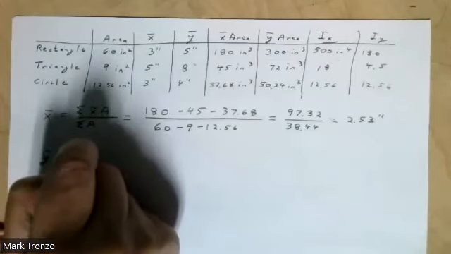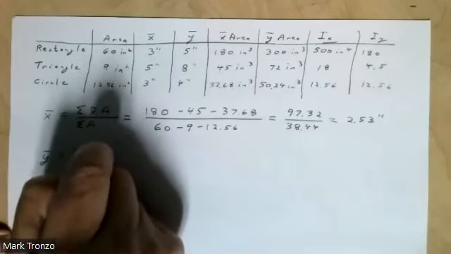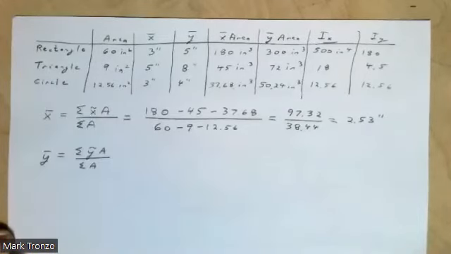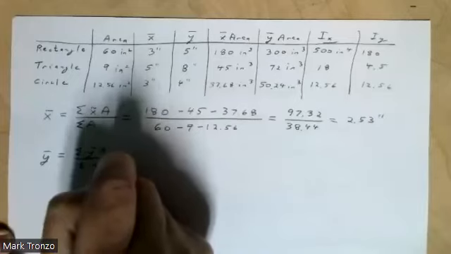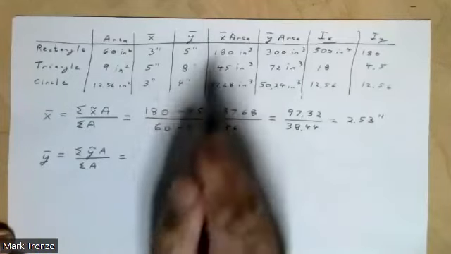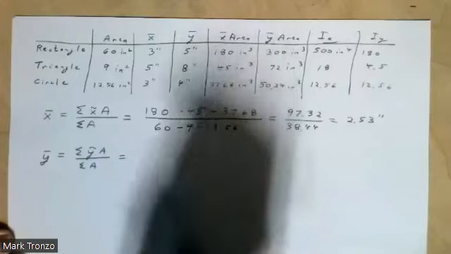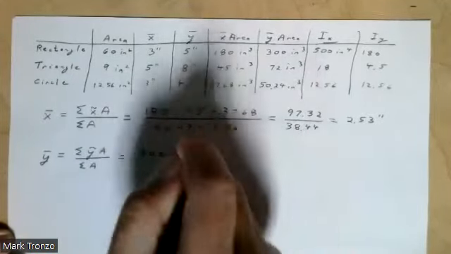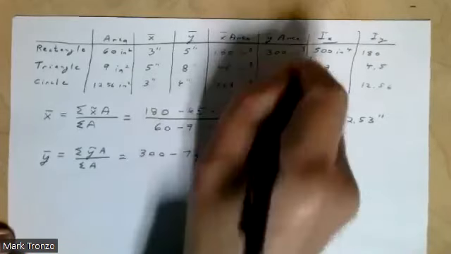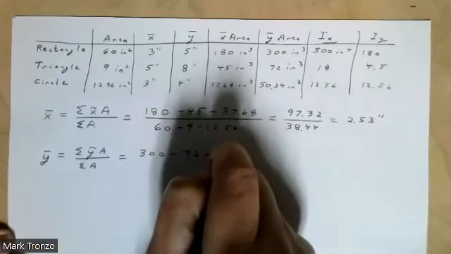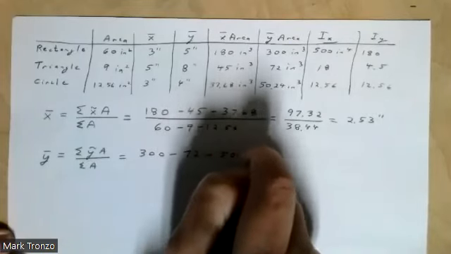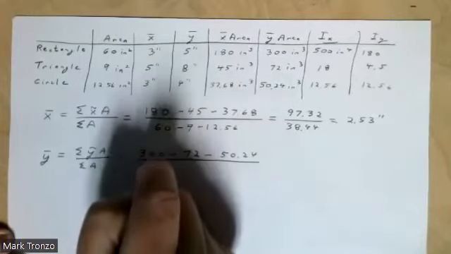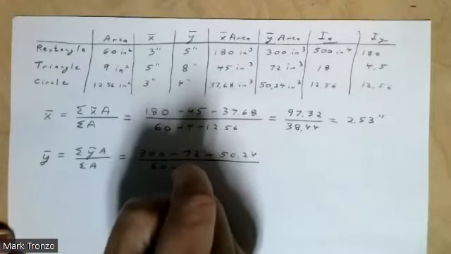And for Y bar, we want to sum up the Y tildes times the area, divided by the summation of the area. Once again, just look for the Y bar times the area. It's going to be 300, minus 72 because we're taking out the triangle, minus the circle, which is 50.24. Now the denominator is going to be the same as for the X bar.